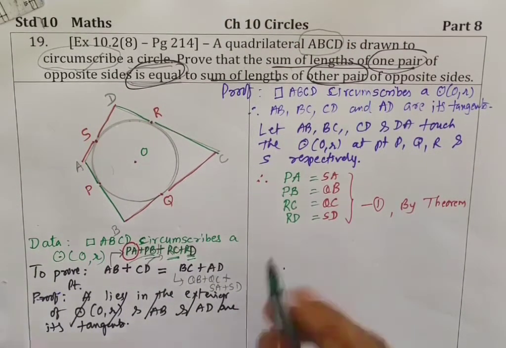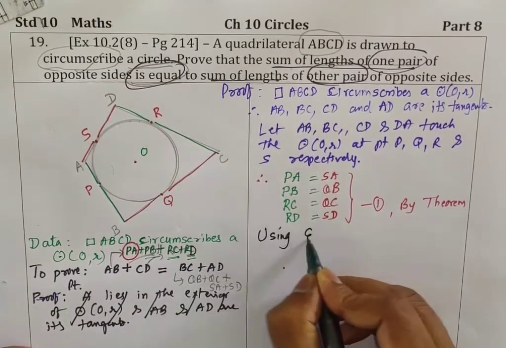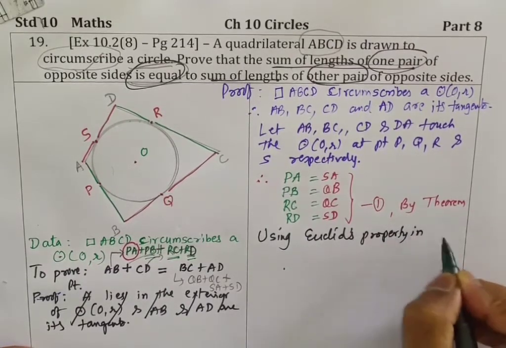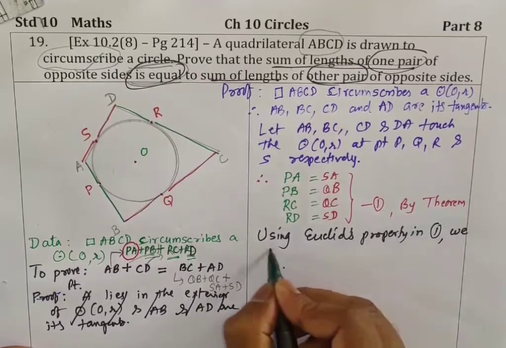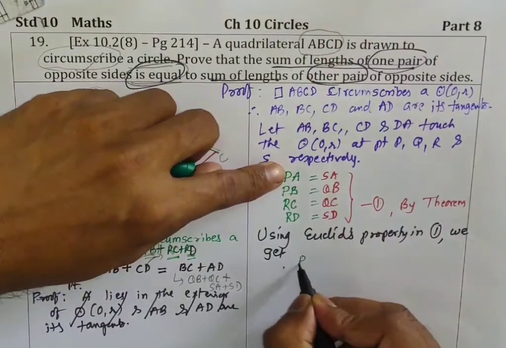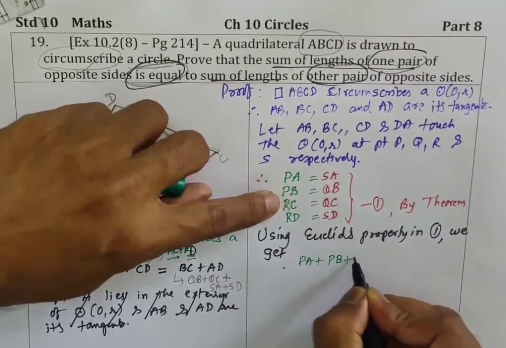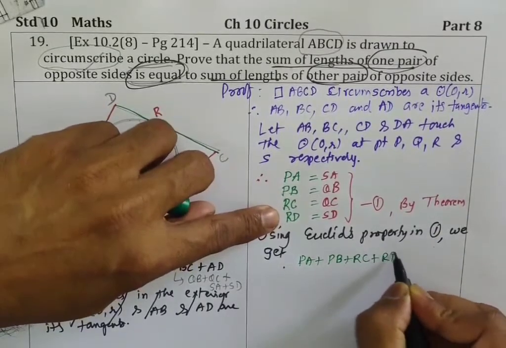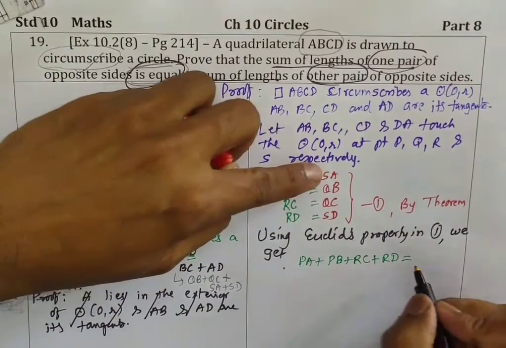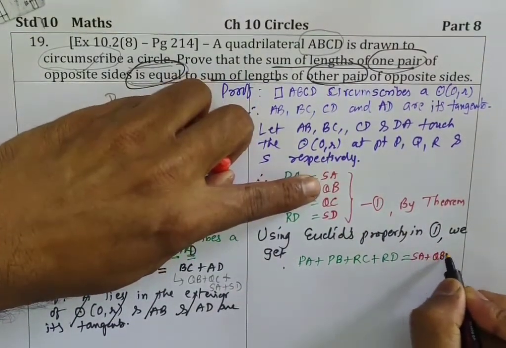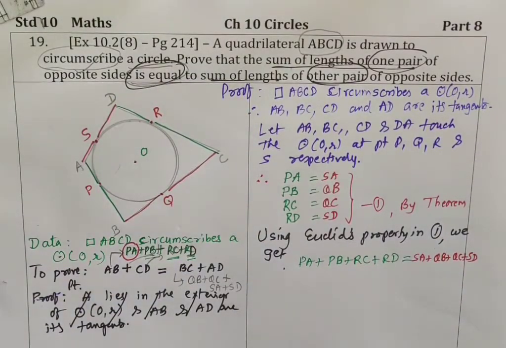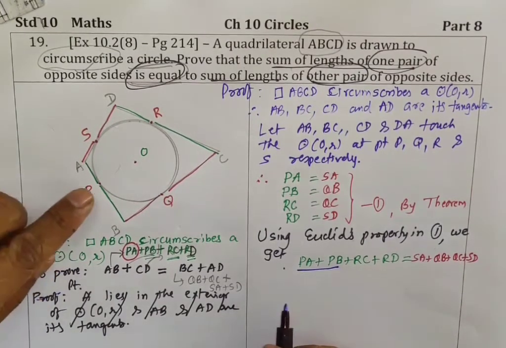Now, using Euclid's property in result 1, we get sum of left hand side, PA plus PB plus RC plus RD is equal to right hand side, SA plus QB plus QC plus SD. Got it? Now you see what is PA plus PB?